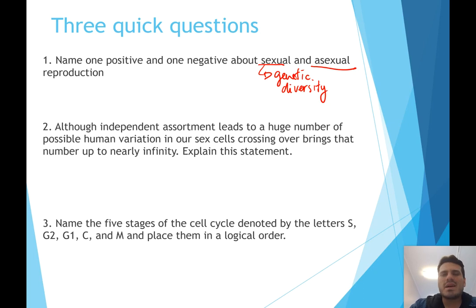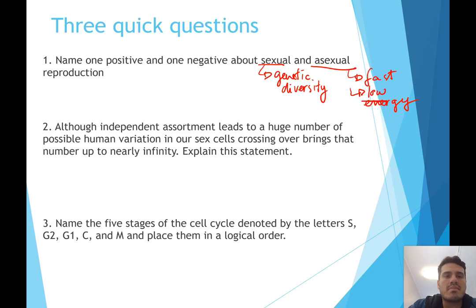A bunch of other positives of asexual reproduction, which is things like being fast, low energy, okay, no need for a mate, lots and lots of examples.